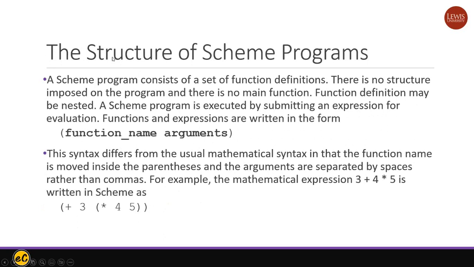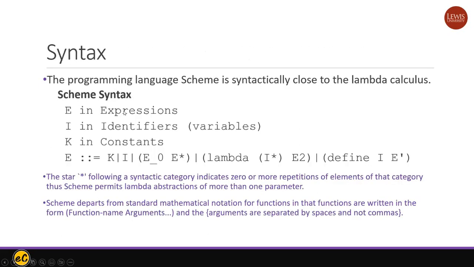It's a function and two arguments: the operator in front and then the arguments. So here there's a syntax. E is expression, I is identifier as variable. There are some expressions as variable and constant. These are the basic terminology in the Scheme language.